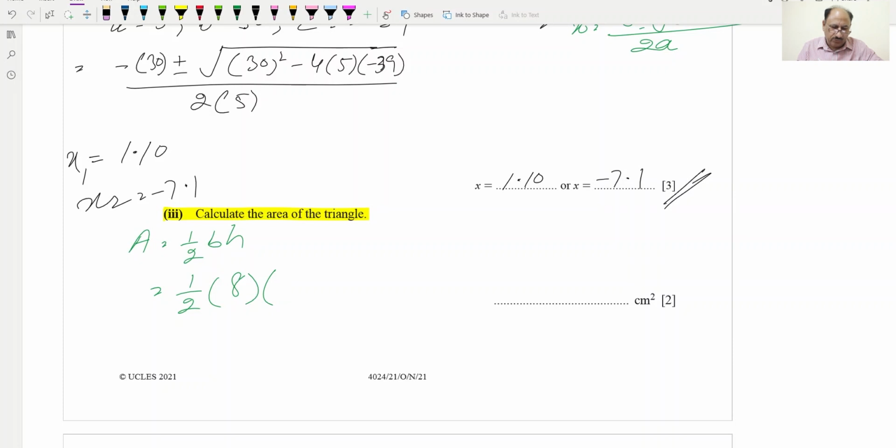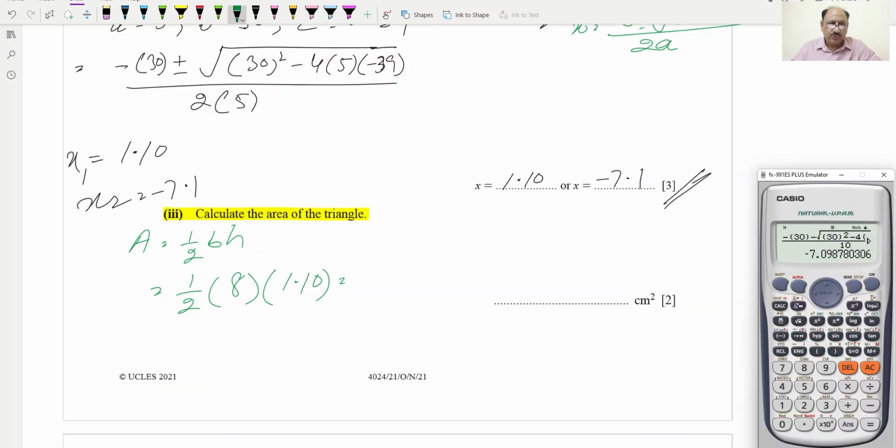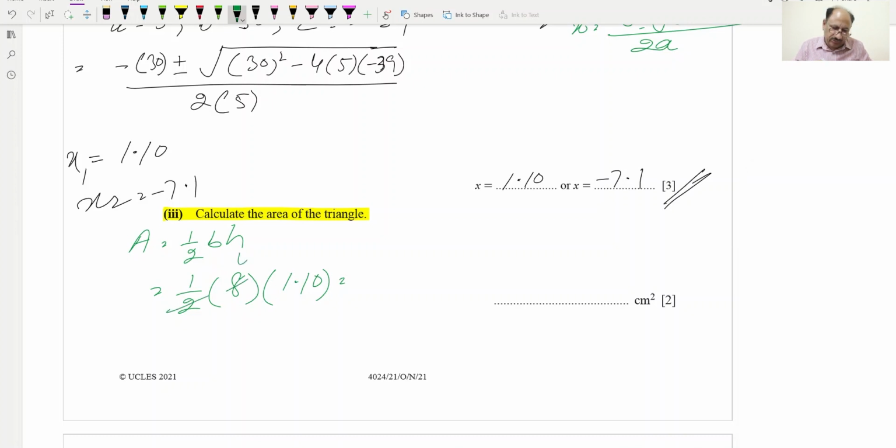half into base into height, and we will take 1.10, and we can calculate this. We can cancel, basically 4, and this is 2x, so we have to multiply this x value with 2 also.